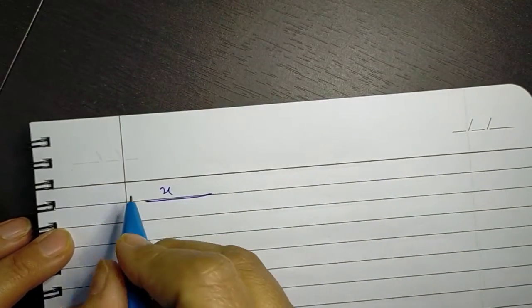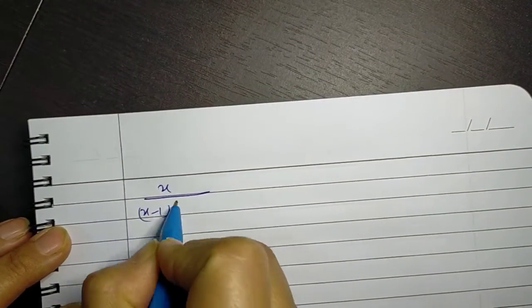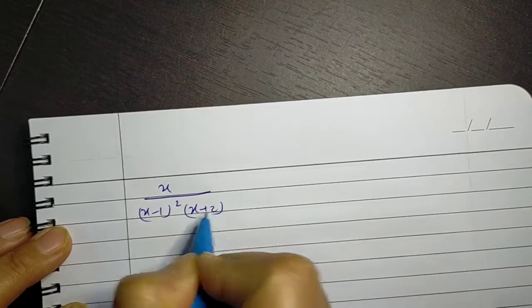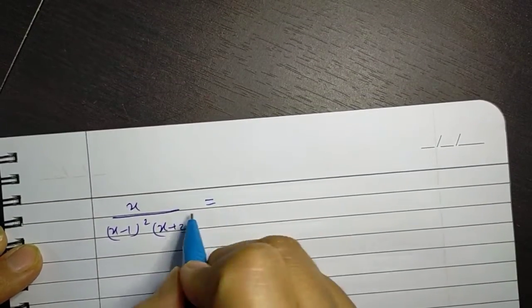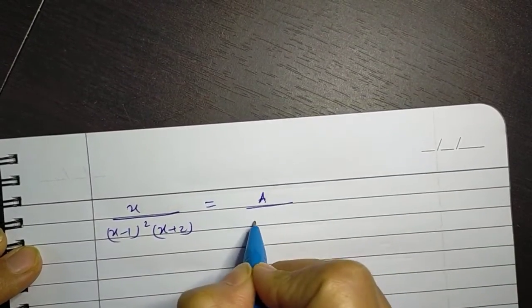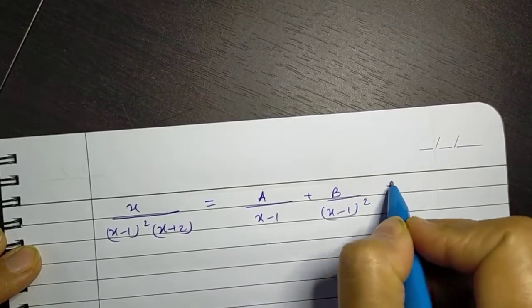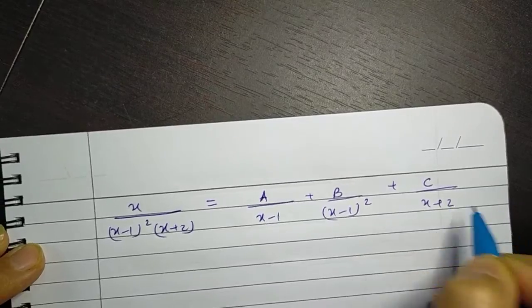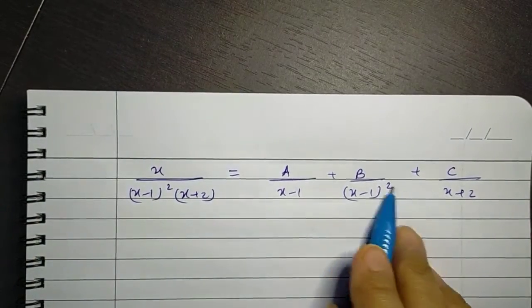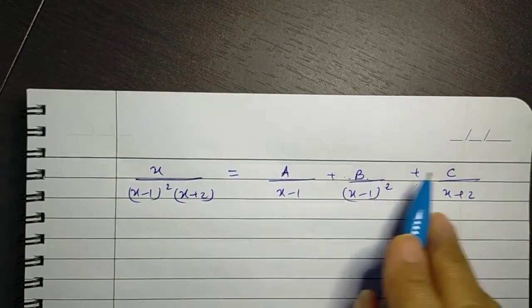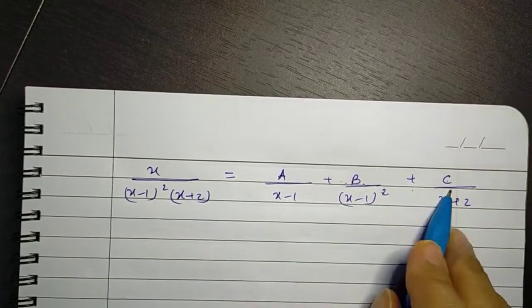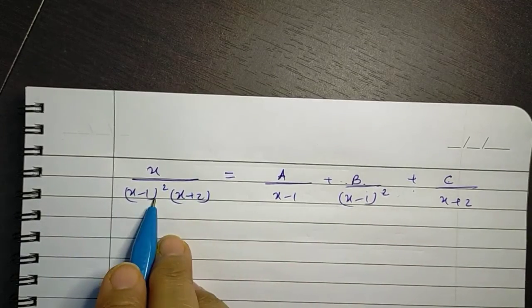So now let us quickly solve this. So what do we have? x upon x minus 1 whole square into x plus 2 can be written as, I am again repeating it, a upon x minus 1, b upon x minus 1 whole square, plus c upon x plus 2. Now out of these three constants, the denominators of b and c are as they are present here.